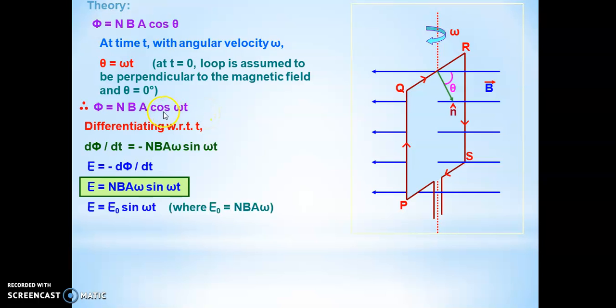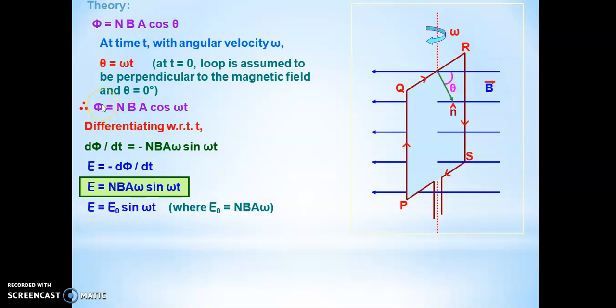And if we differentiate this phi, why should we differentiate? Because this electric generator, AC generator, is working on the principle of electromagnetic induction. And in electromagnetic induction, we have seen Faraday's law, which says that epsilon, that means the induced EMF, is equal to minus d phi by dt. So let us find this value of d phi by dt.